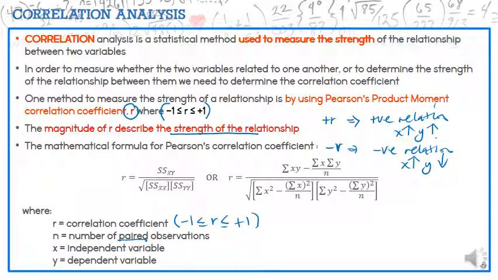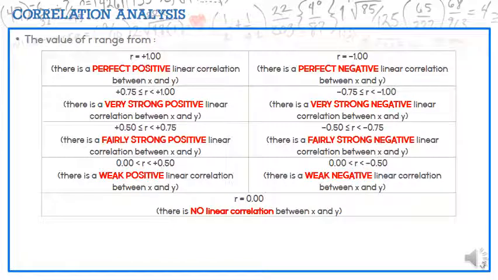X is your independent variable and Y is your dependent variable. So the value of R ranges from -1 to +1. So this describes the magnitude, or the strength of the relationship.